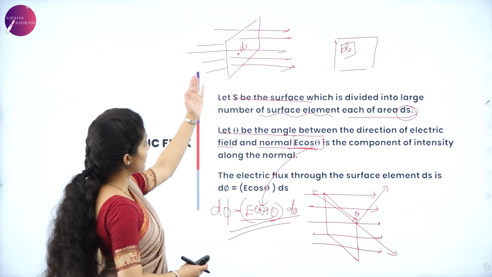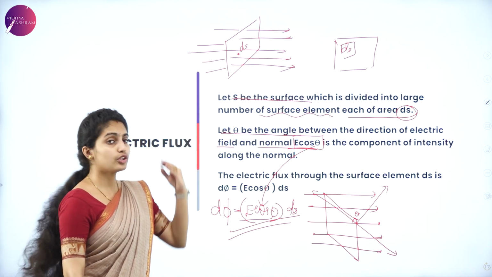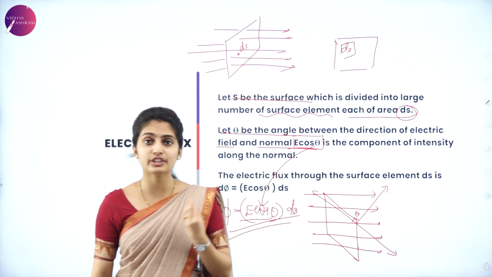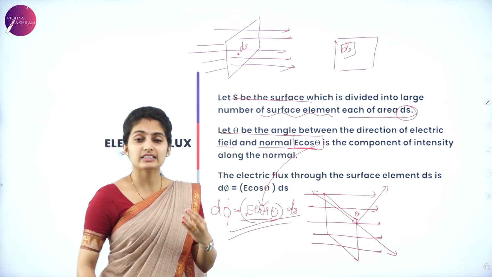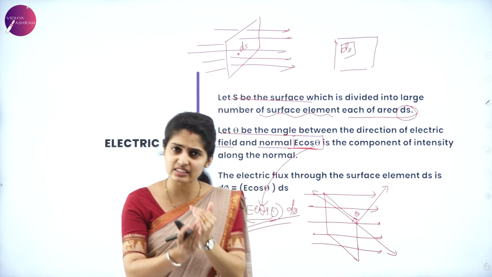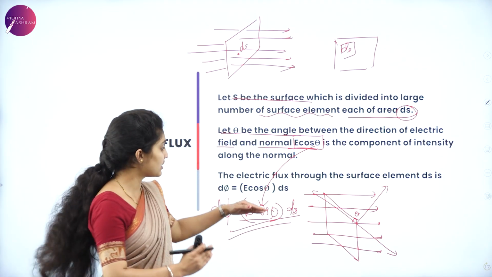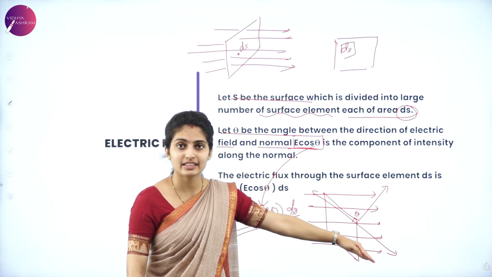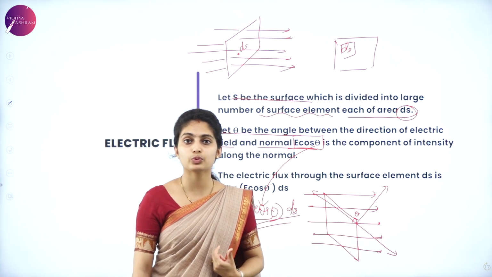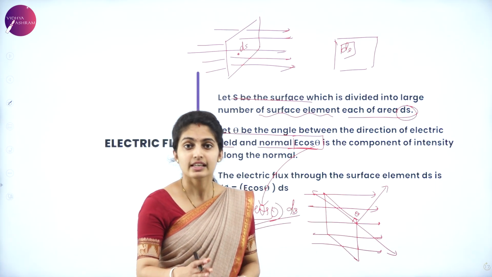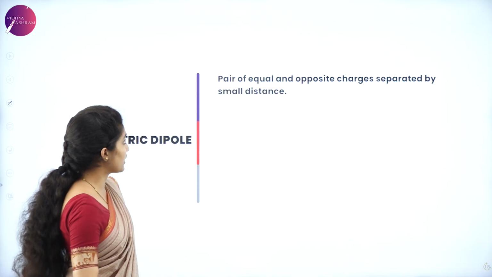When the conductor is such that the electric field intensity is always normal to it, it is given in a general form in this way. And if that conductor is tilted slightly such that it makes an angle theta and it is at 90 degrees from the tilted surface, then you have d phi is equal to E cos theta into ds. That is all about your electric flux.